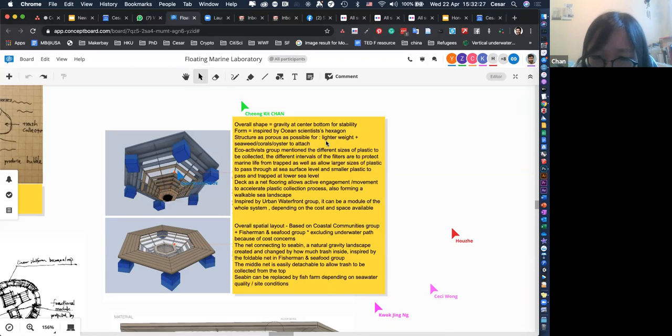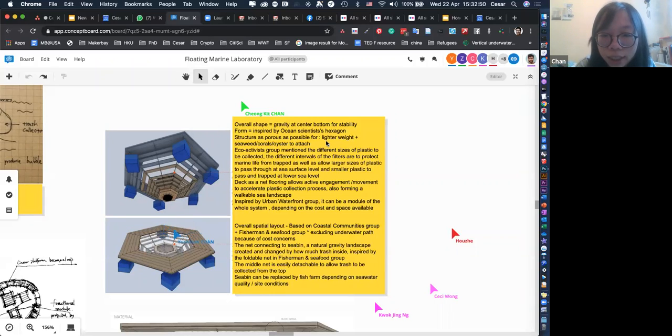For the decking material, I was thinking about cost efficiency, so maybe we can use a fish net for the decking. In that way we can also create an interactive sea landscape.